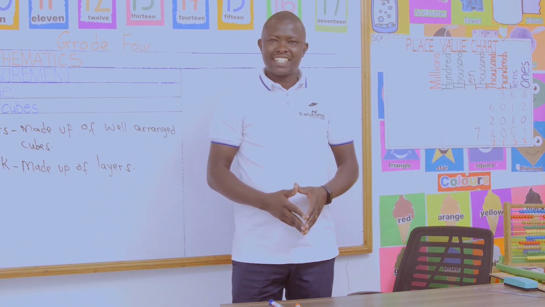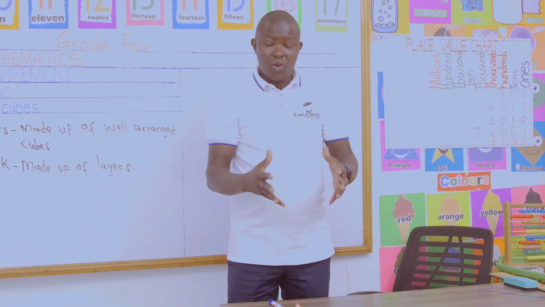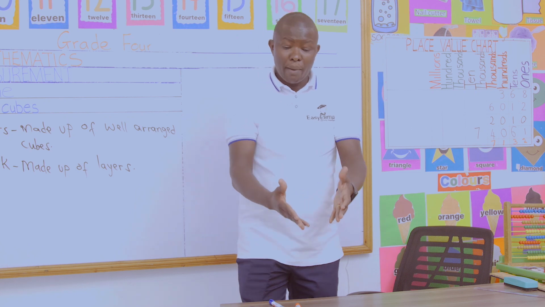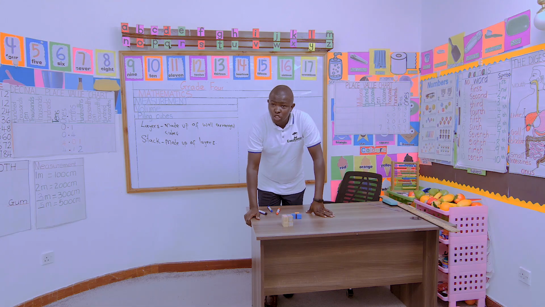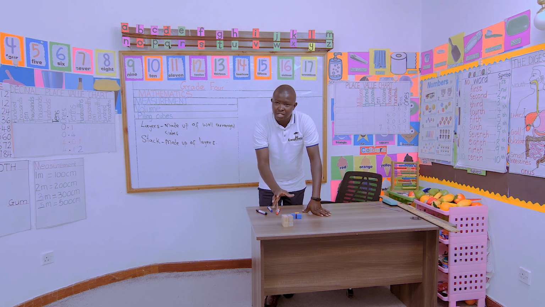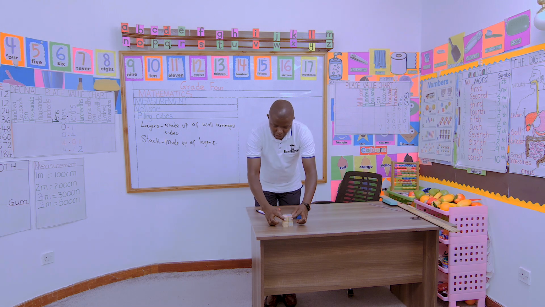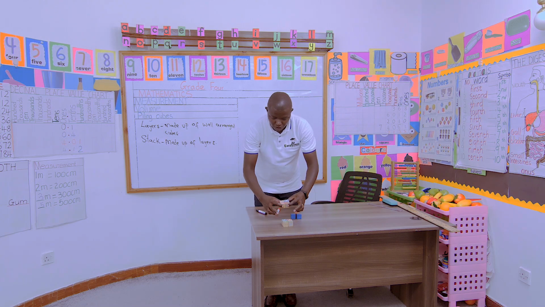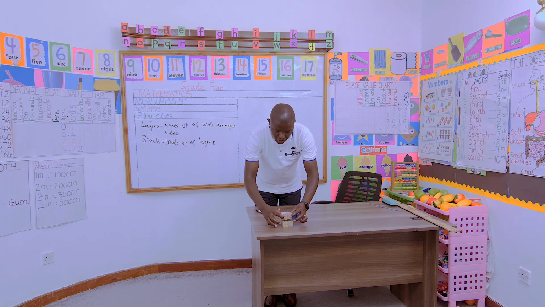Now, learners, we pile more. Now, our pile here has how many cubes? Today, this is a stack because it has many cubes. So this stack is made up of how many cubes? Remember, the bottom layer had how many? They were 4. Now the top layer also has 4.